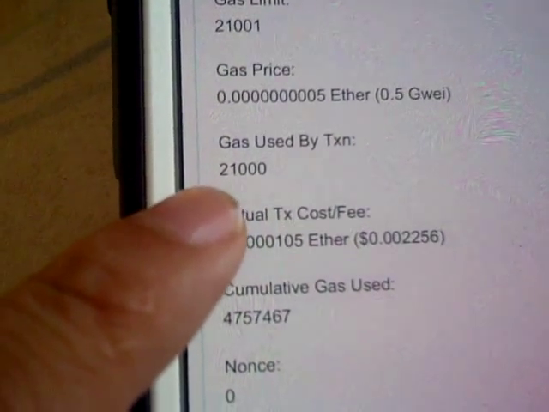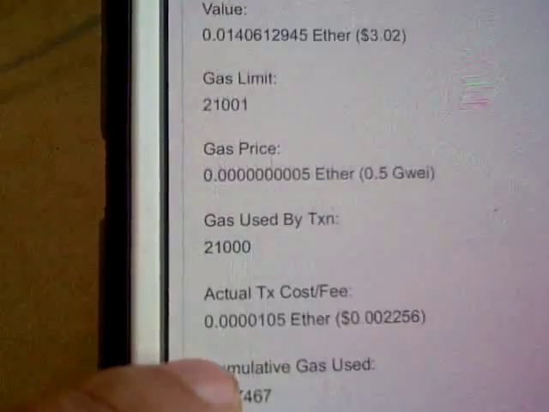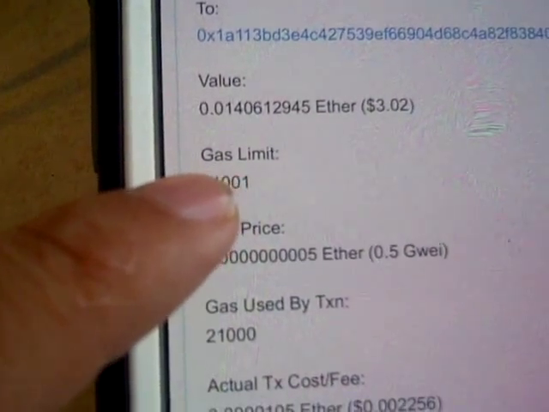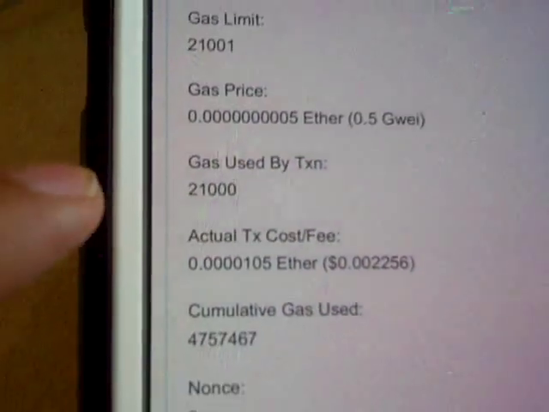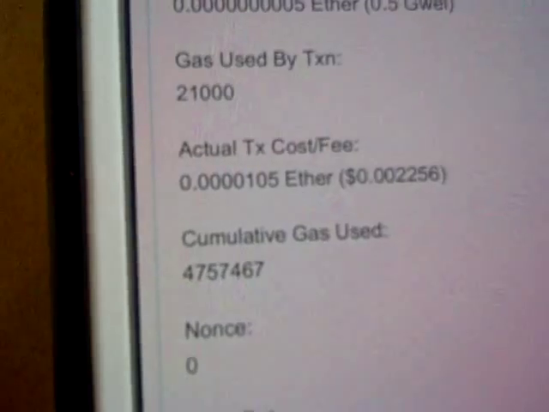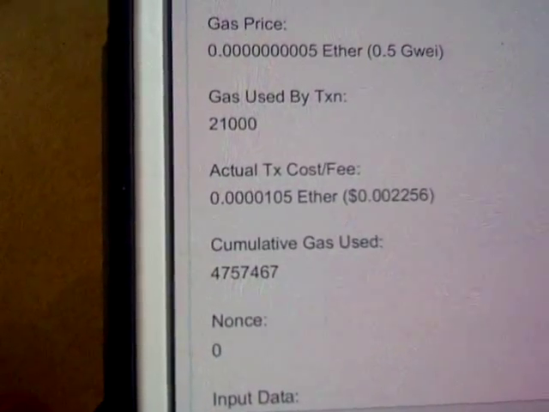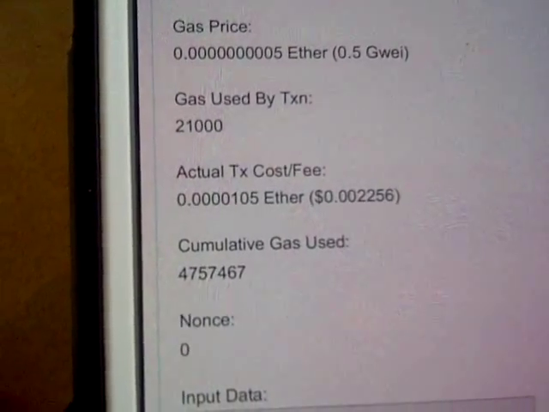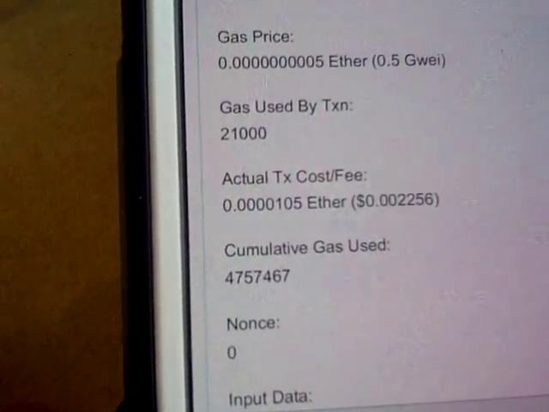There is the gas cost, or gas used, or gas limit, that is, times that by this number right here, and then you'll get the ether cost of this much, and that is very, very low. So people don't know how to calculate the gas cost to transfer ether.